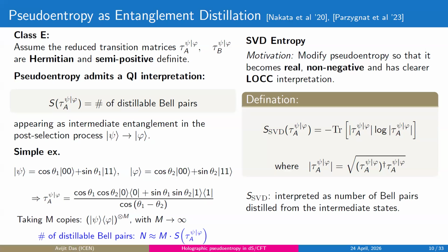However, the example that you gave doesn't have positive definiteness, because the product like cosine theta 1, cosine theta 2 can be either positive or negative. I agree that they're always real, but they can be either positive or negative. You were mentioning that as an example where the interpretation in terms of distillable Bell pairs still holds. So what happens when the eigenvalues are negative?